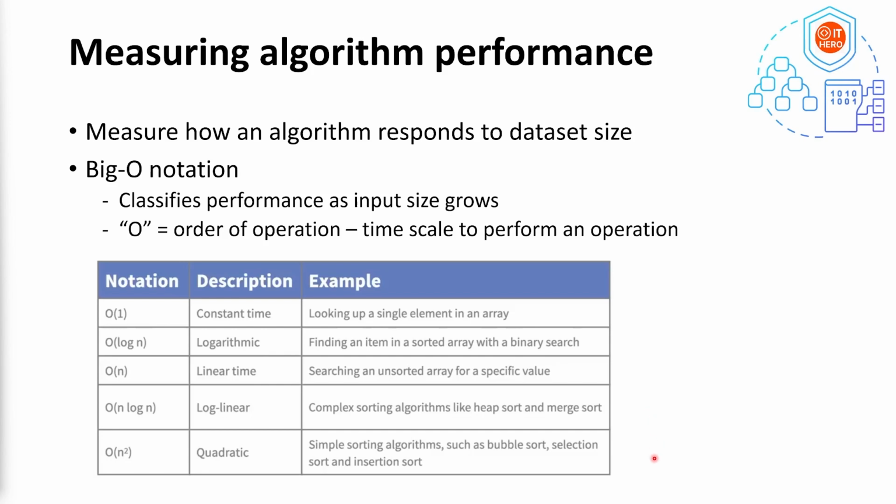And we have the quadratic time. This takes very long, so this is the least effective. For example, the bubble sort, where we have two for-each loops, and in one for-each we do another for-each, and this basically means we are traversing the input a lot of times.